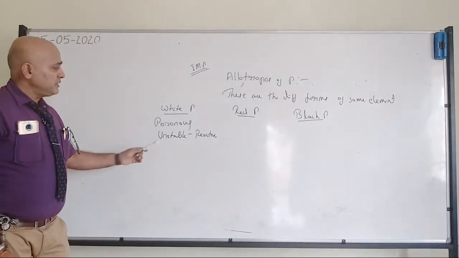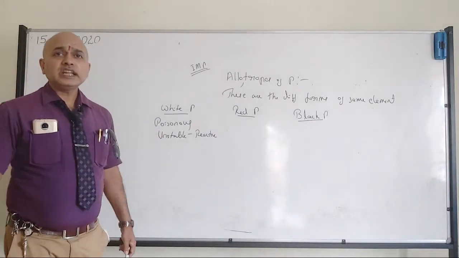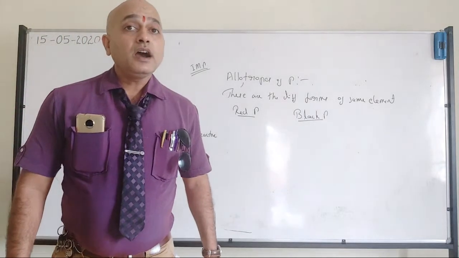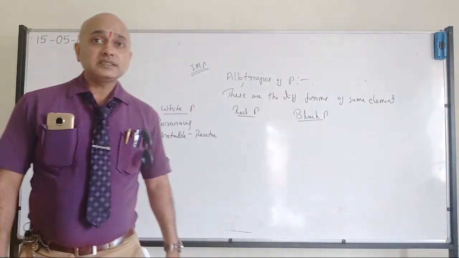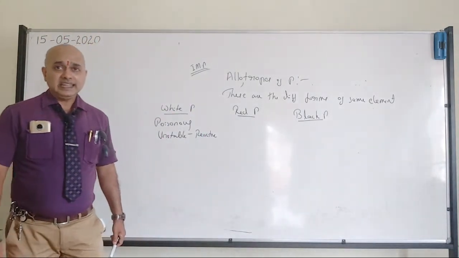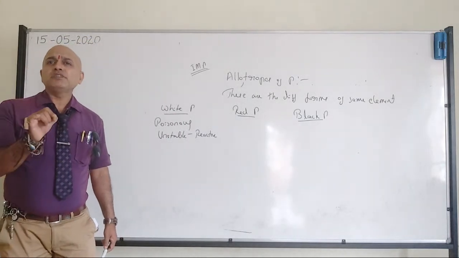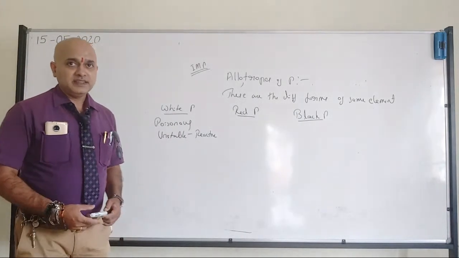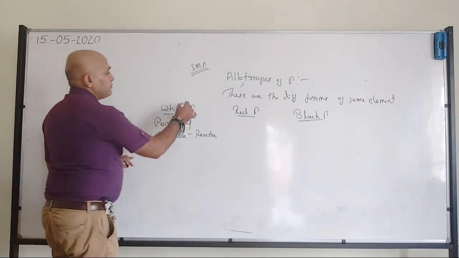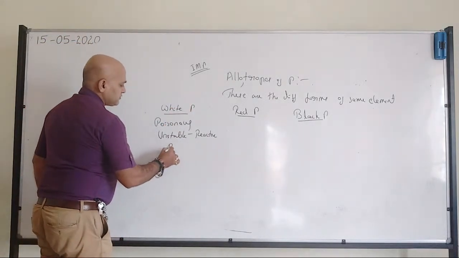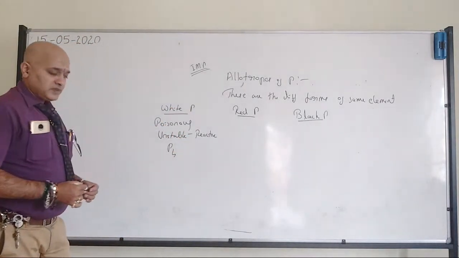A question can be: name the allotrope of phosphorus which is poisonous in nature. Then you can mention one word, white phosphorus. The molecular formula for this one will be P4.